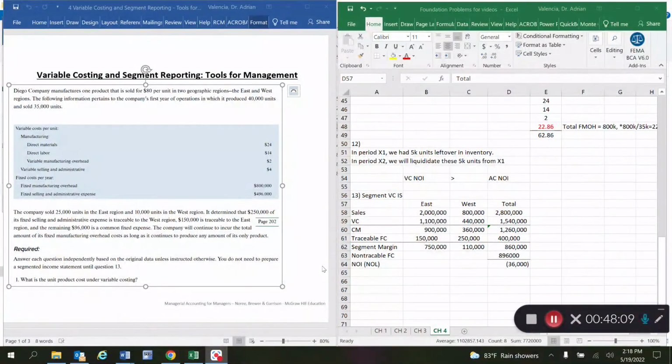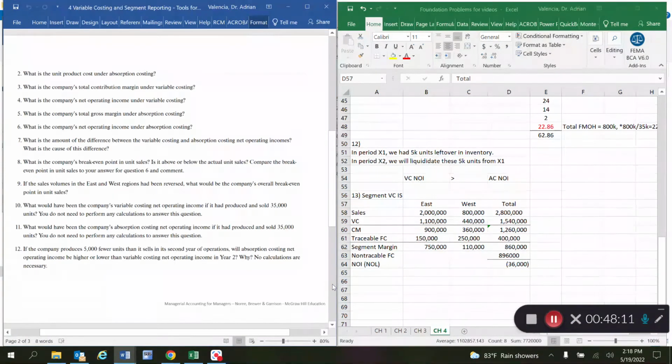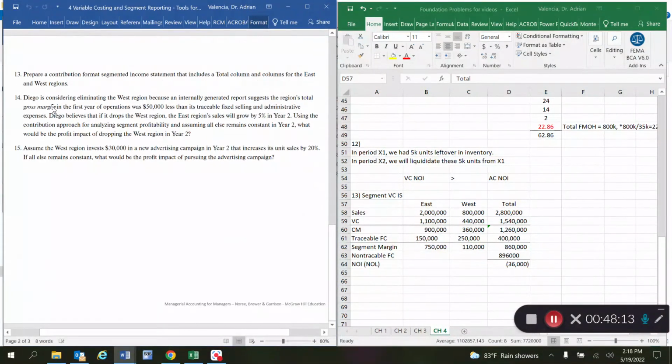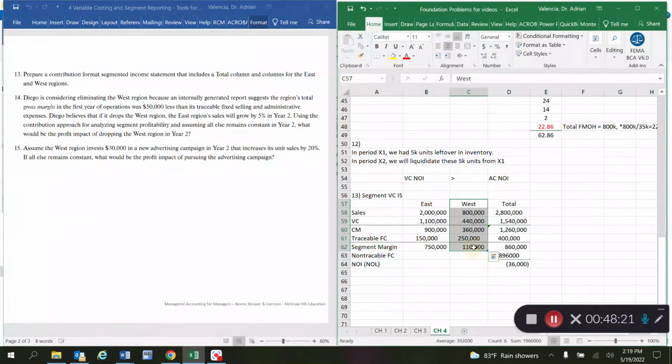Okay, so now let's look at number 14. It says Diego is considering eliminating the West region this year, because an internally generated report suggests that the region's total gross margin in the first year of operations was $50,000 less than its traceable fixed selling and administrative expenses.